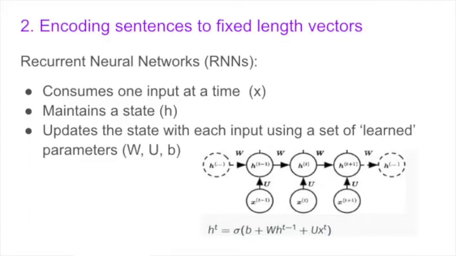So in the deep learning and machine learning literature, there is a structure which is designed for this summarization task, which are called recurrent neural networks. The term recurrent should give you a bit of a clue about how these networks work. Essentially, in these networks you consume the input, in our case the input are words.